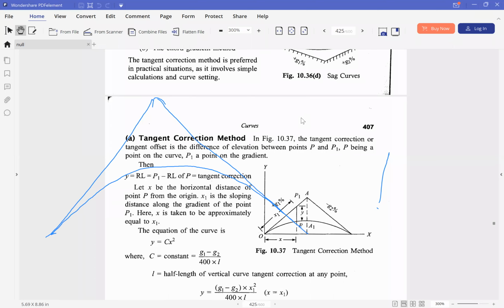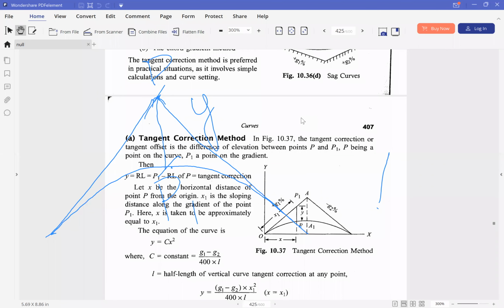Okay. Now what happens is, let's say this is point P and the corresponding point on the curve is P1, right? And now y is the tangent correction, or the depth that we need to remove from the top in order to have the corresponding point on the curve.